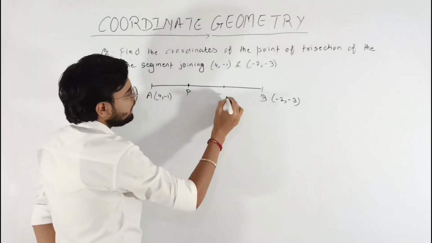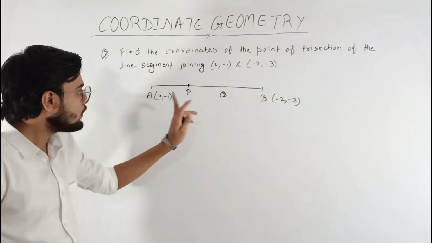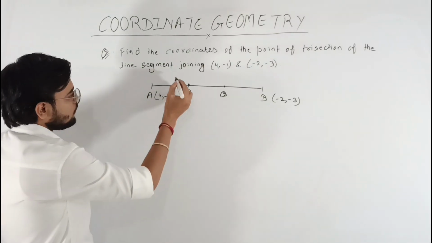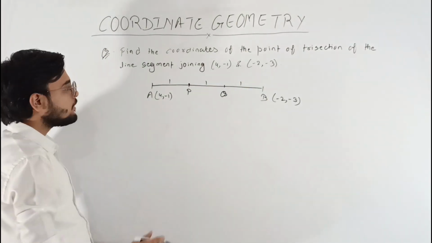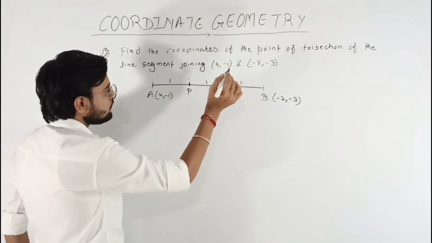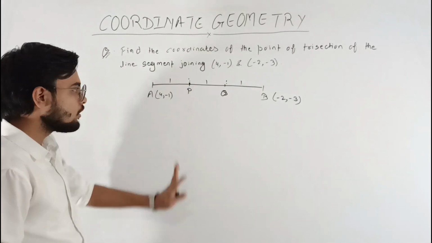So suppose this is my point P and this is my point Q. Okay, so line AB is divided by 2 points P and Q such that all parts are equal, which means trisects or trisection. So trisection means all parts are equal. The ratio is 1 is to 1. Okay, so we have to find the coordinates of point P and point Q.